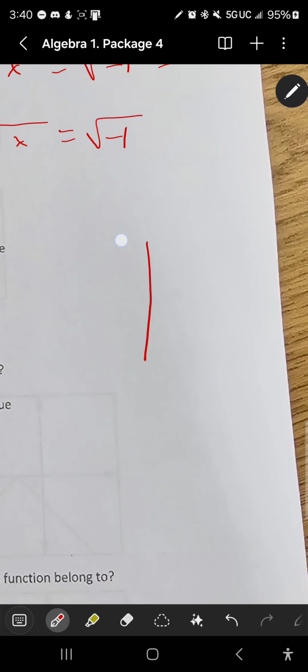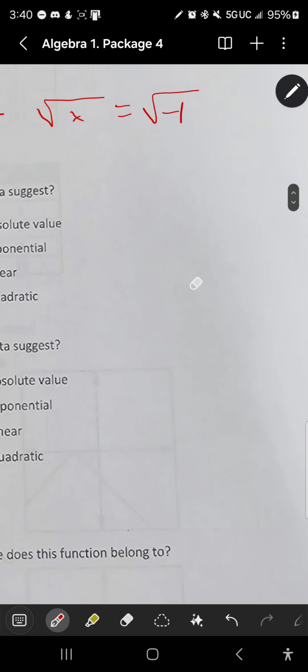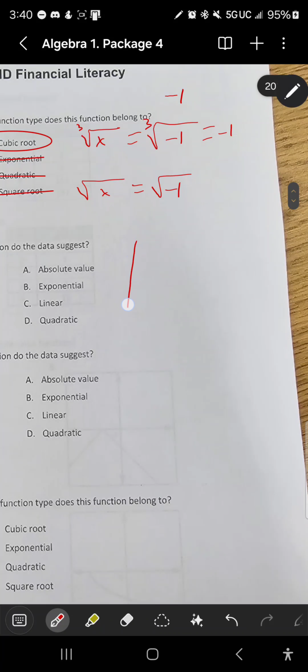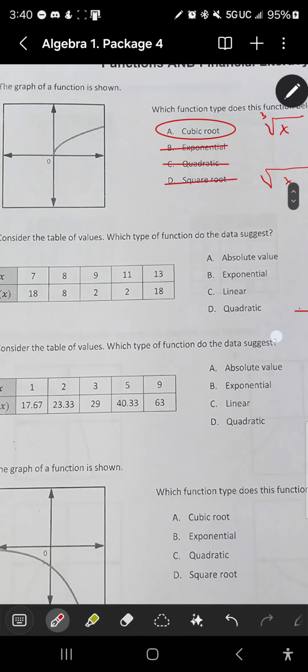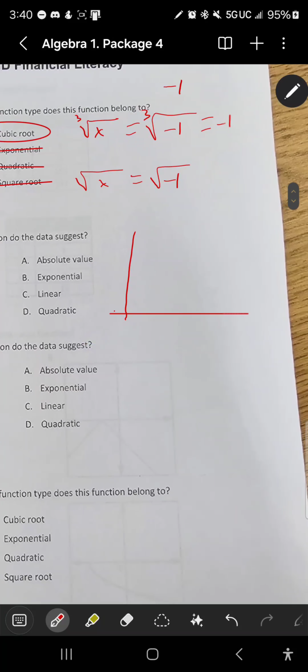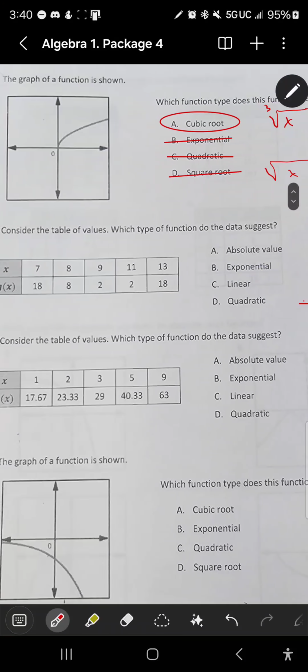We don't have a negative value, so I'm just going to graph the whole thing positive. From 7 to 13, I'm going to start with 7: 7, 8, 9, 10, 11, 12, 13.